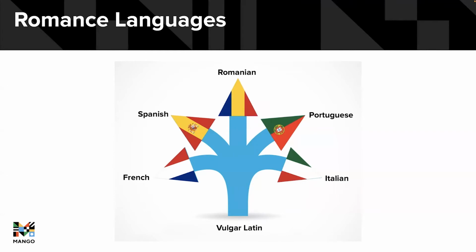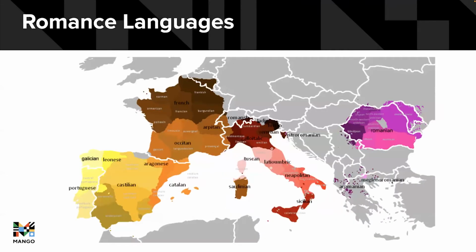So you can see here, this kind of represents the main tree from where you can see that it started off as Vulgar Latin and then evolved into the languages that we know today as French, Spanish, Romanian, Portuguese, and Italian. But on this map here, you can see the specific areas in which the Romance languages evolved. So as the Romans traveled throughout Europe and started intertwining with the locals that were there, these languages were born.